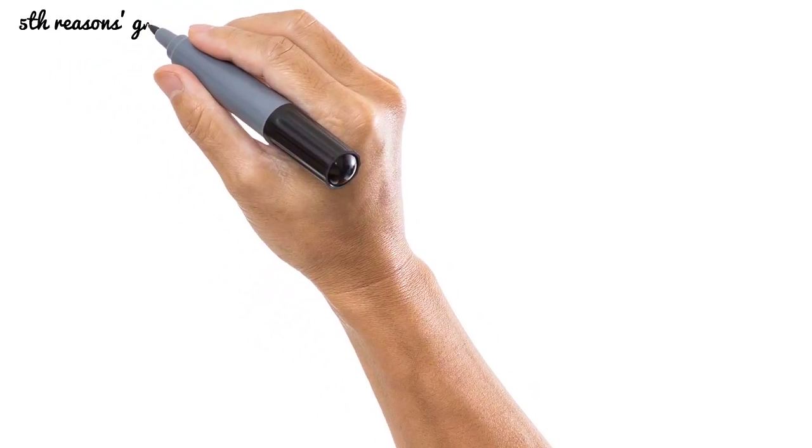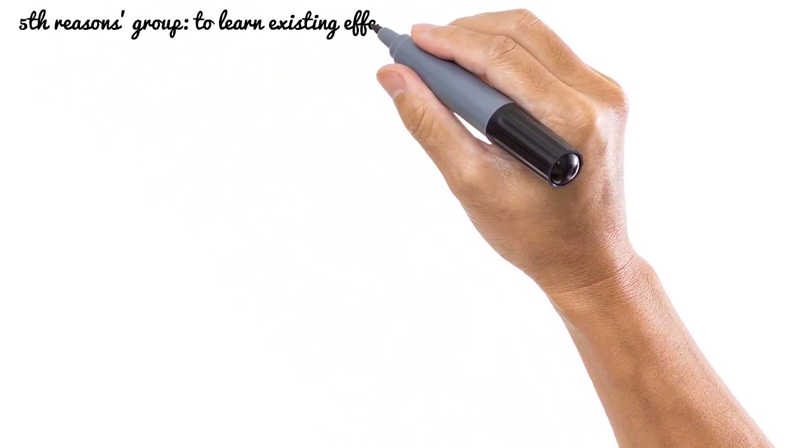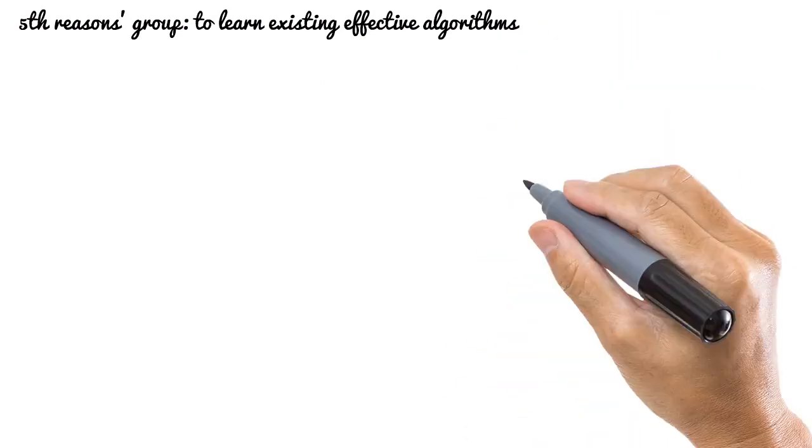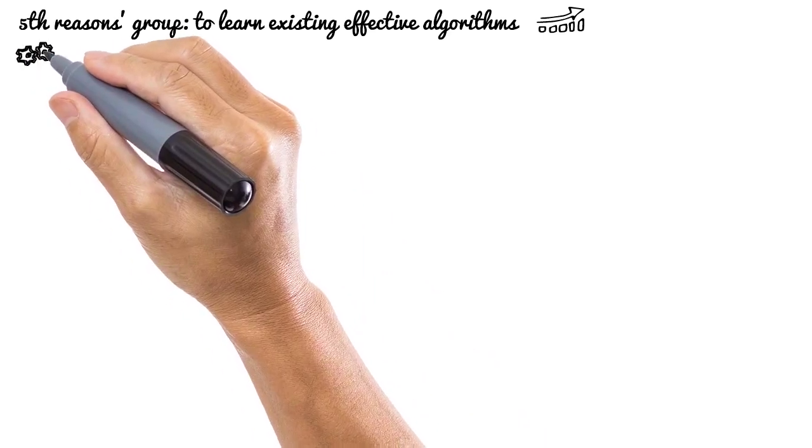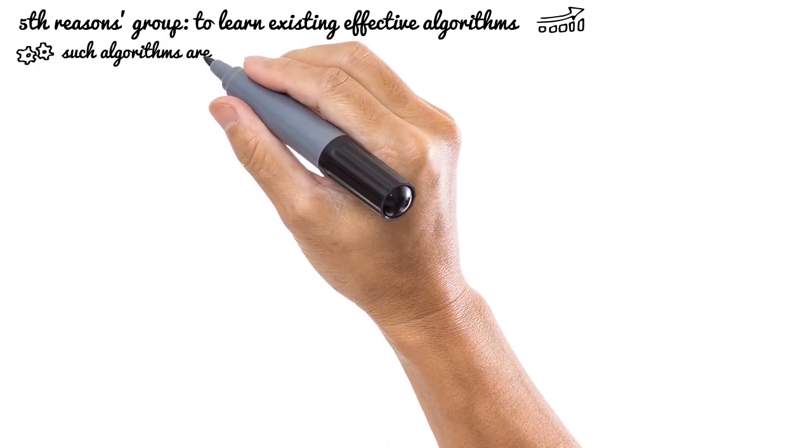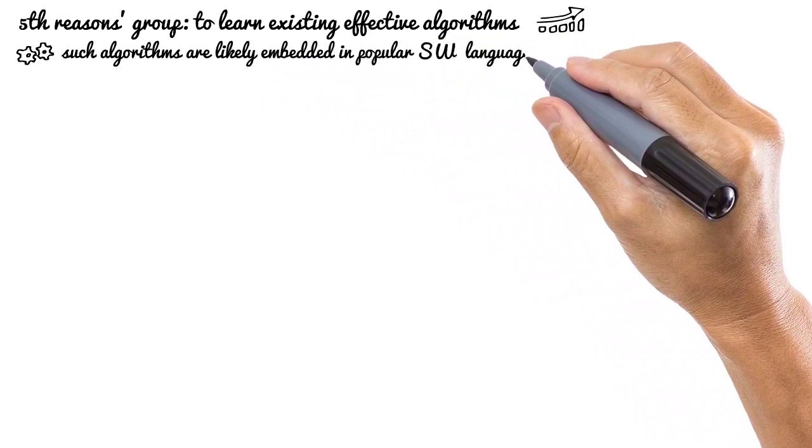When you study algorithms, an effective approach is to learn already discovered existing effective algorithms, like sorting algorithms, which were already discussed in the previous video, like key value search algorithms, graph structure-based algorithms, to be discussed in this and a few add-on videos. Such algorithms are most likely already implemented and embedded in most popular software languages.